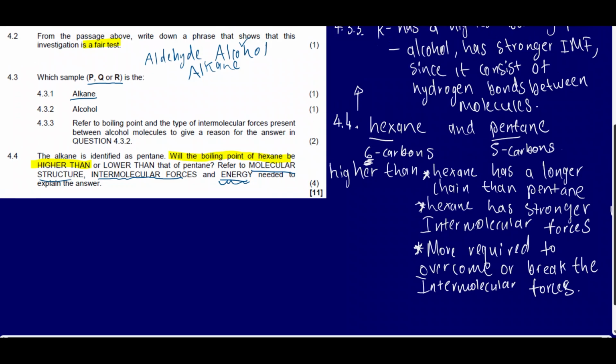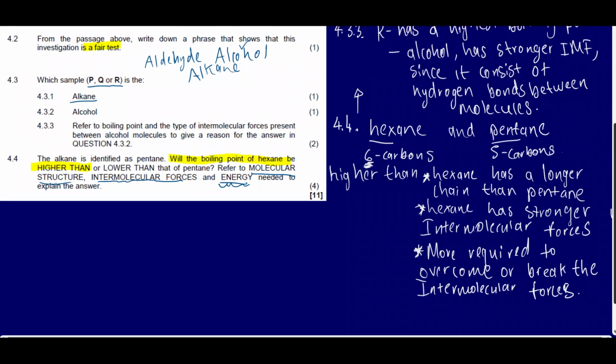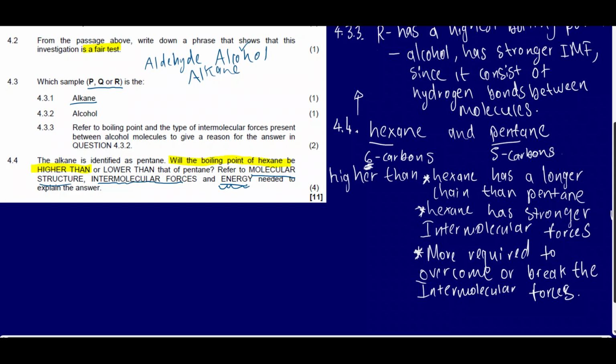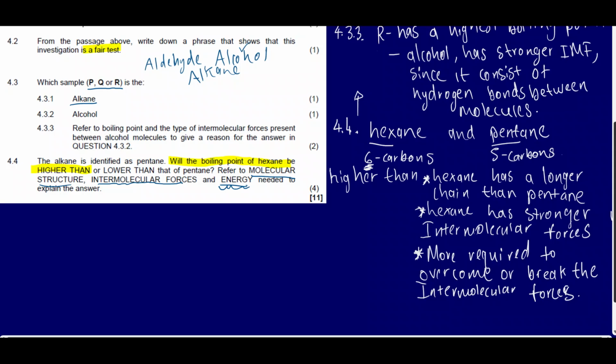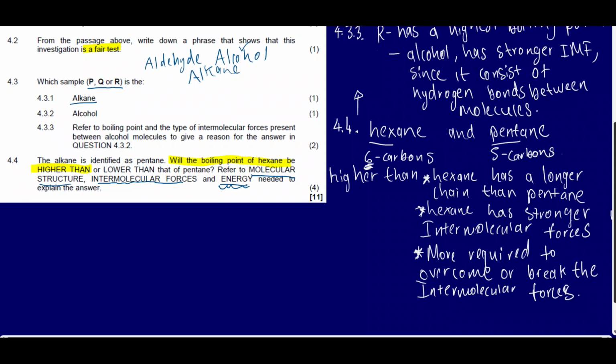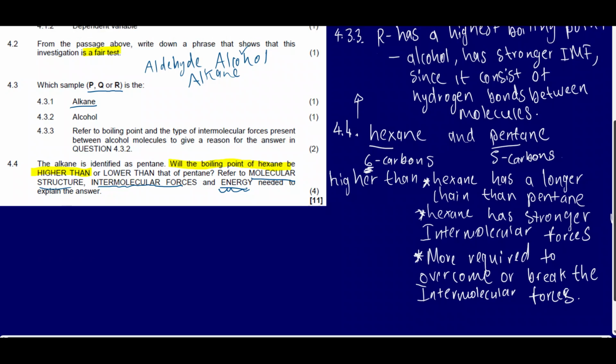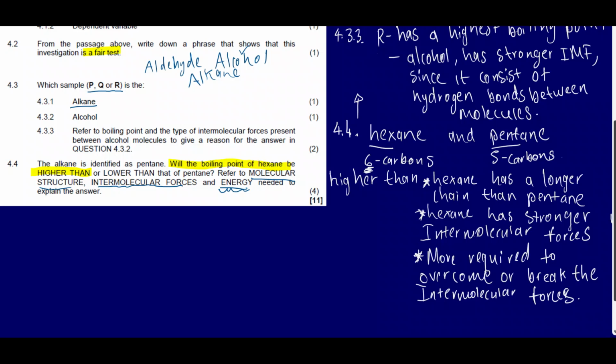I think you understand that this was just a comparison, and the comparison was looking at the longest chain. So don't forget that next time, if we have two compounds falling under the same homologous series, we compare them by looking at the chain, right? They will have different boiling points if they have different chains.